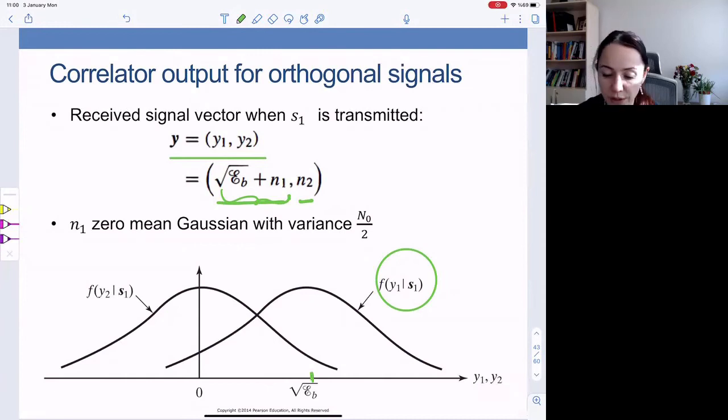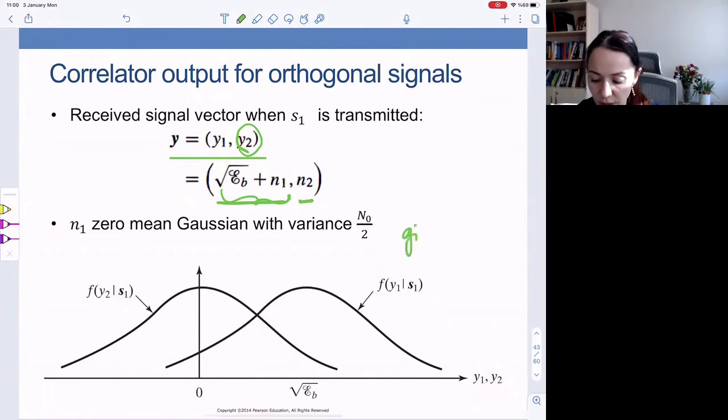The second correlator output, given that S1 is sent, is going to be just noise, so the probability density function is going to be centered around 0. Let me repeat, given S1 is sent, we have Y1 and Y2.